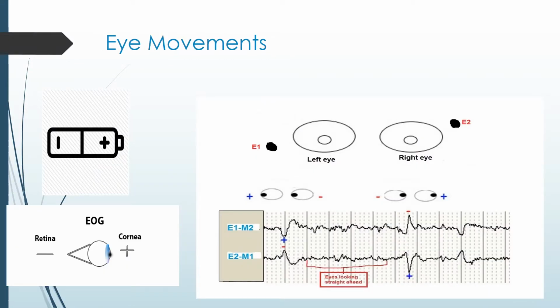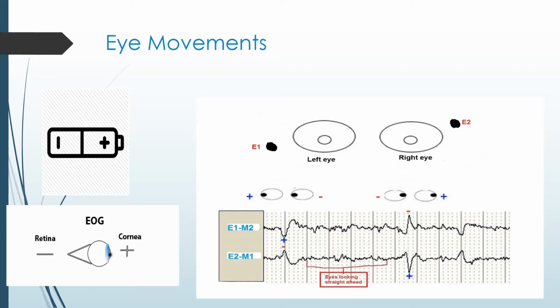Okay, so I have a couple of pictures here for you. Now, I used this book called A Technologist's Guide to Performing Sleep Studies, and I really like how they explain the eye channels. They explain it as that the eyes are like a battery, and that one side of the eye is positive and the other side is negative.